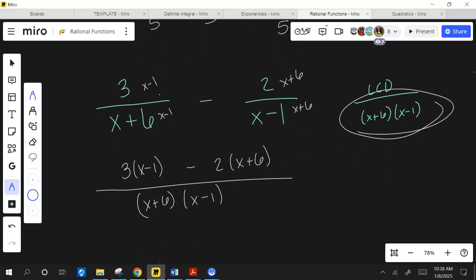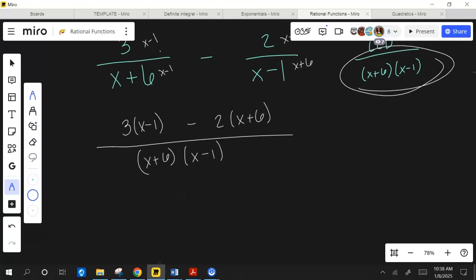All right, let's distribute through. 3x minus 3. Now be careful because really what I'm distributing through here is a negative 2. Because it's subtracting, right?